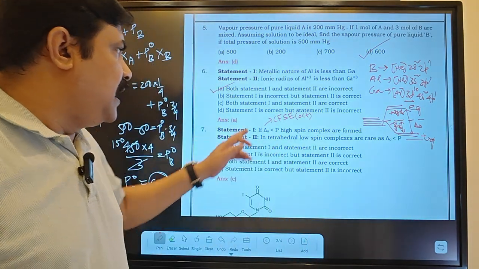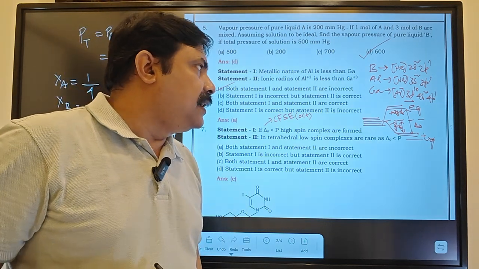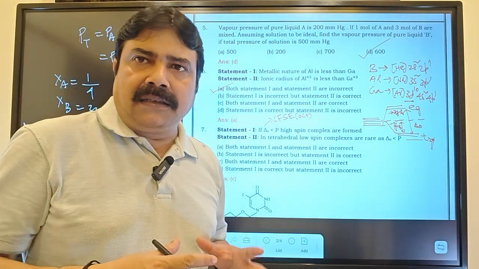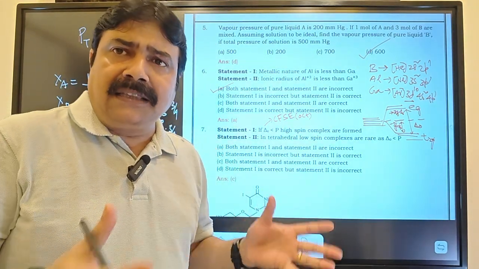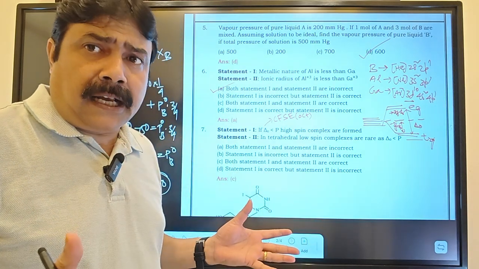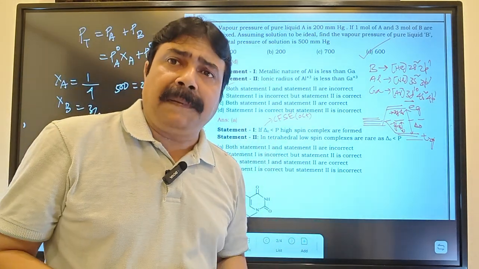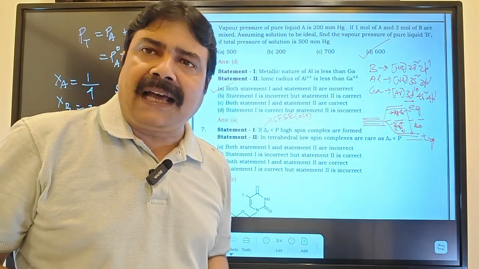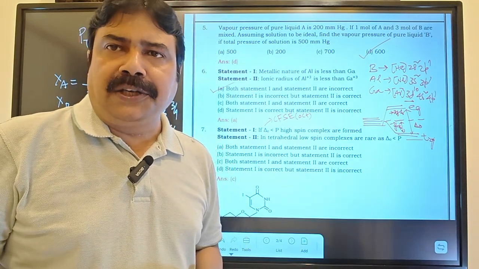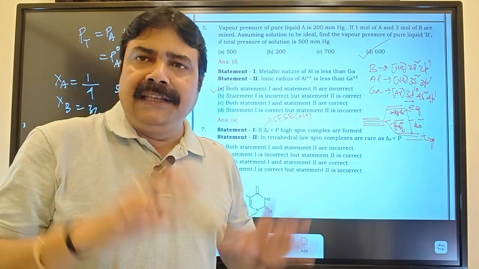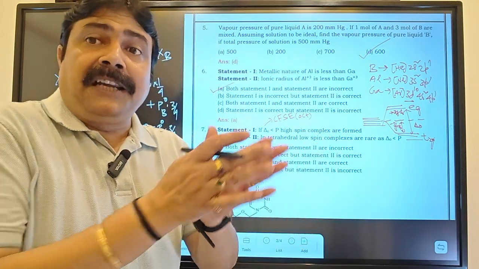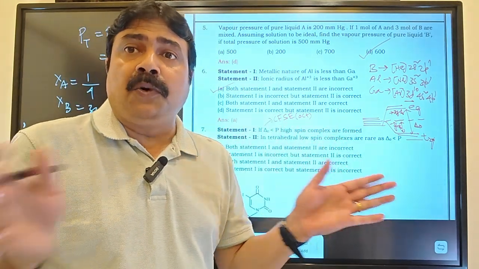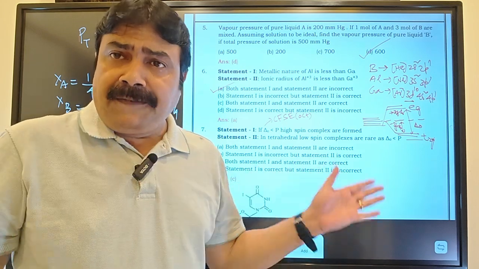But the question is, when the pairing energy is higher than the CFSE. Pairing energy is the destabilization energy due to the pairing of electrons into the T2G level or EG level. But if the crystal field stabilization energy is more, if splitting is more, CFSE will be more.